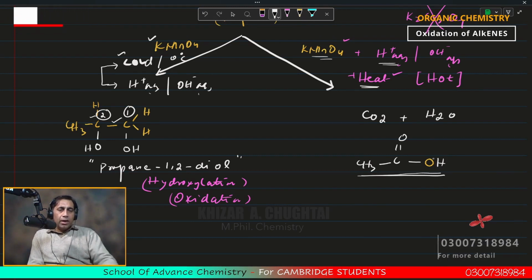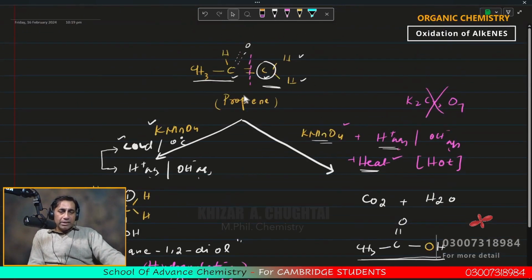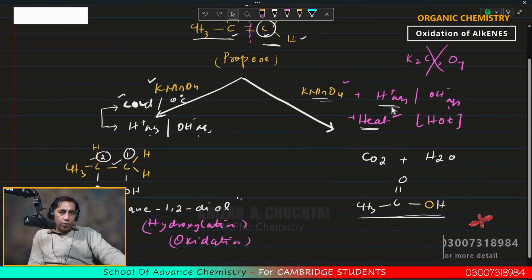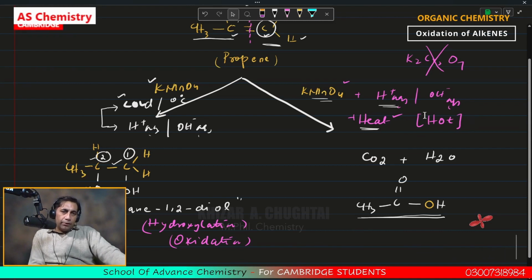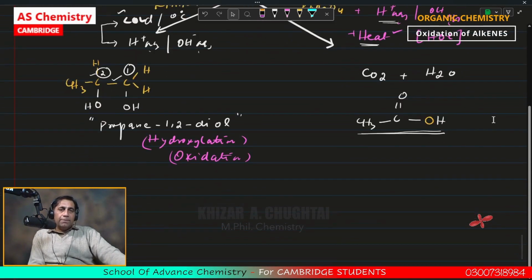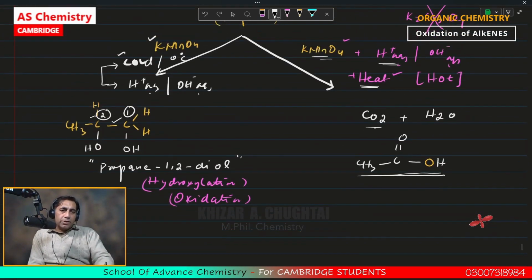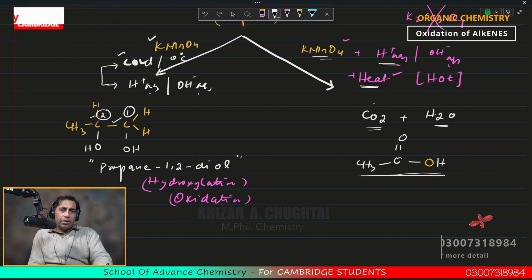So finally, if I heat this alkene with hot KMnO4, acidified or alkaline, there is formation of CO2, H2O, and an acid, ethanoic acid basically. So generally, the carbon-containing compounds are CO2 and ethanoic acid.